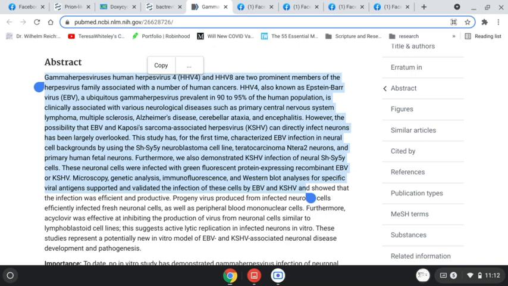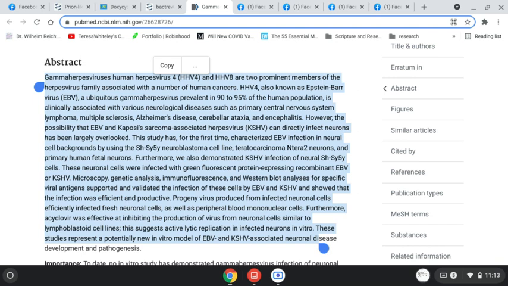of these cells by EBV or KSHV and showed that the infection was efficient and productive. Progeny virus produced from infected neuronal cells efficiently infected fresh neuronal cells as well as peripheral blood mononuclear cells.